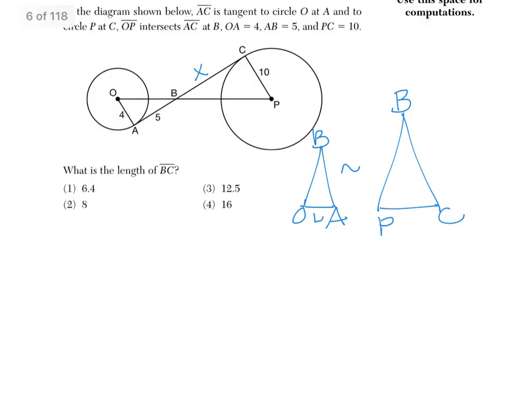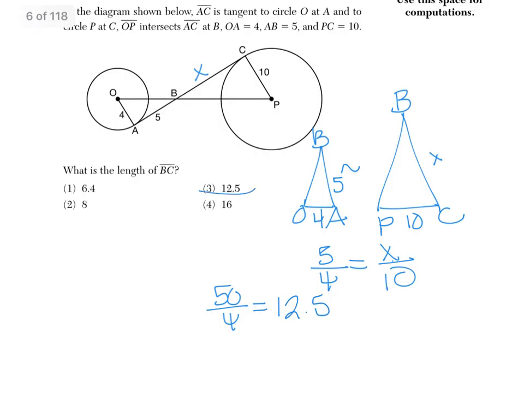So OA is 4, BA is 5, BC is X, and PC is 10. So we have 5 over 4 is equal to our proportion of X over 10. Cross multiply, 50 divided by 4, and we get 12.5. So that's choice 3.